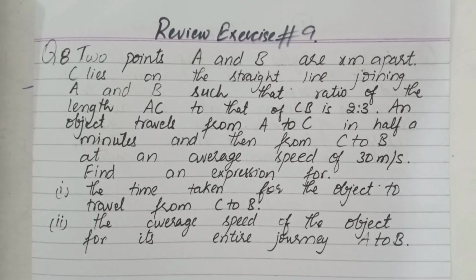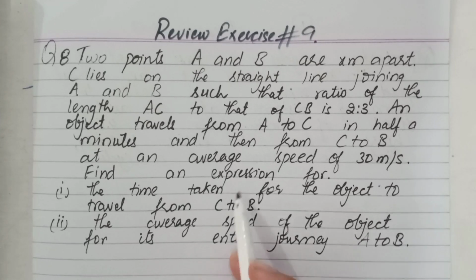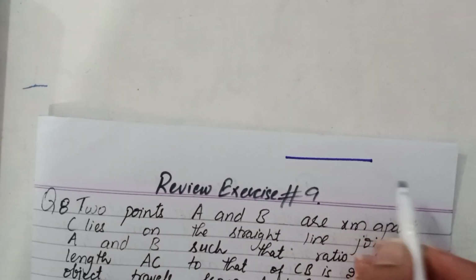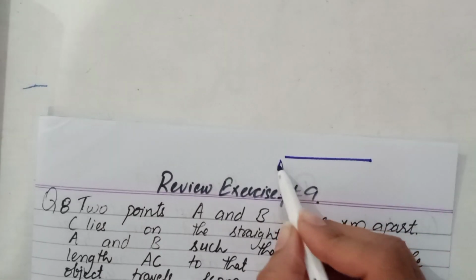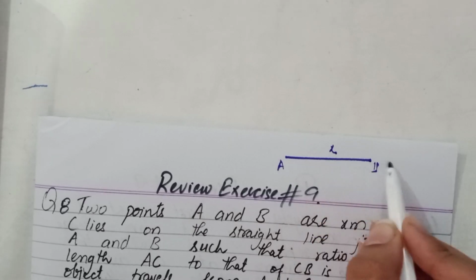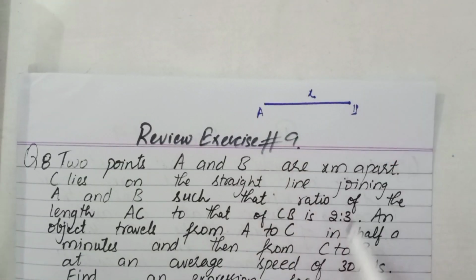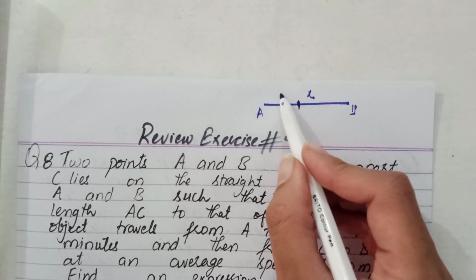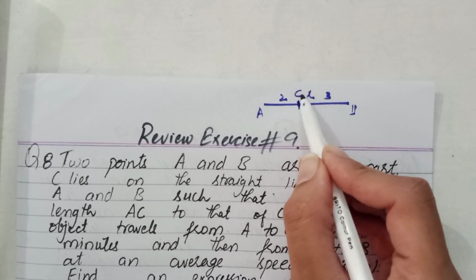It means that the x will remain in the answer. We have to find the expression for the time taken for the object to travel from C to B. Let's suppose that the distance between A and B is x meters apart, and there is a point C such that the ratio is 2 and 3.